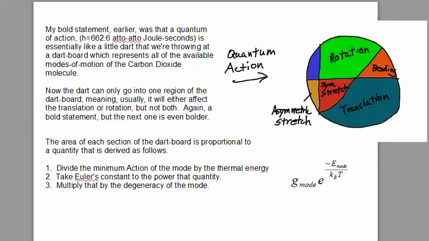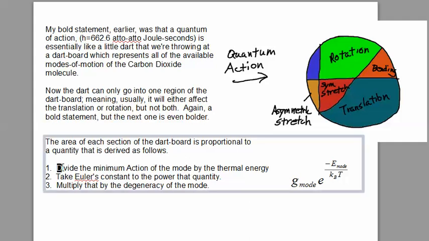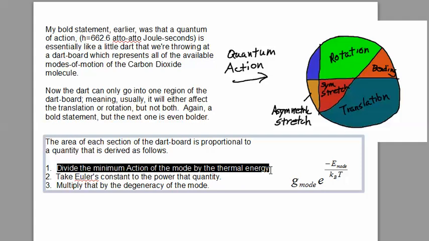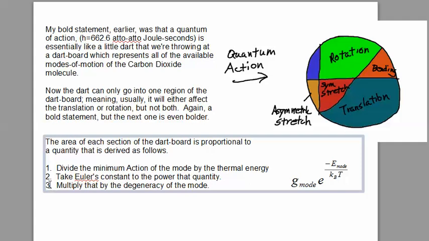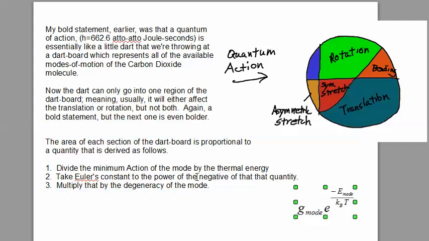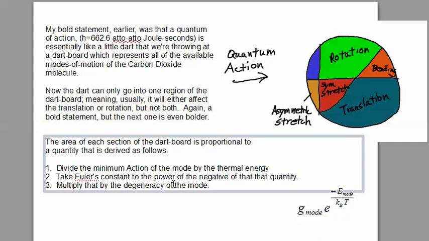So, the area of each section of the dartboard is proportional to a quantity that is derived as follows. Number 1, divide the minimum action of the mode by the thermal energy. That is E_mode divided by k_B T, Boltzmann constant times temperature. Number 2, take Euler's constant to the power of the negative of that quantity you just found, and then multiply your result by the degeneracy of the mode.